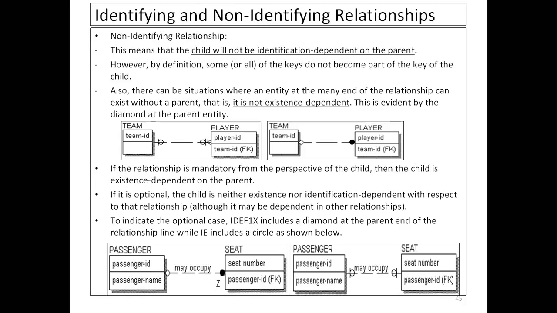To indicate the optional case, IDEF1X includes a diamond at the parent end of the relationship, while IE includes a circle as shown below. Over here, an empty diamond, and a circle over here, which states 0 or 1 passenger ID can be given 0 or 1 seat number.